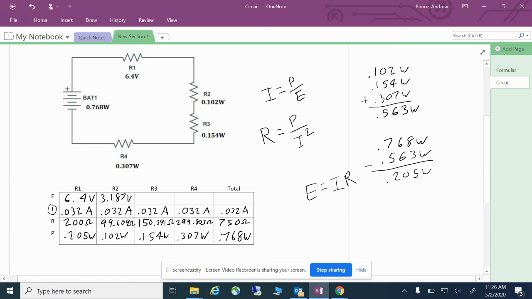All right, 0.032 times 150.391 is 4.813 volts, and we'll go ahead and do the same thing down the line. So go ahead and plug all those values into your calculator, and then we'll go ahead and fill those in.